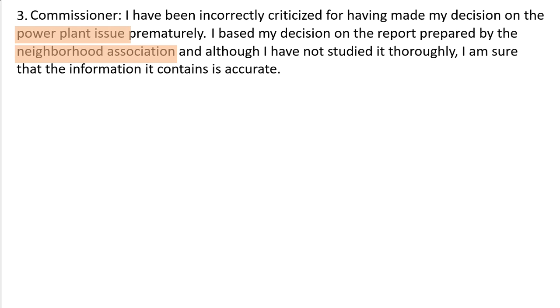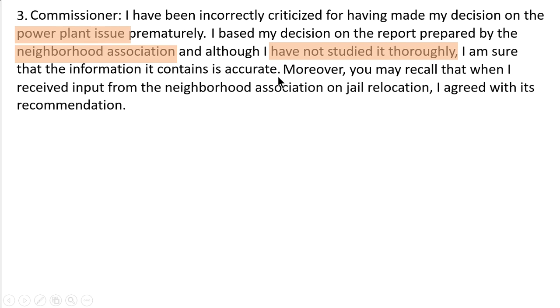The commissioner says he did not read the complete report provided by the neighborhood association, although he believes that the information it contains is accurate. So he didn't study it thoroughly, and we should note that, yet he feels it's accurate.